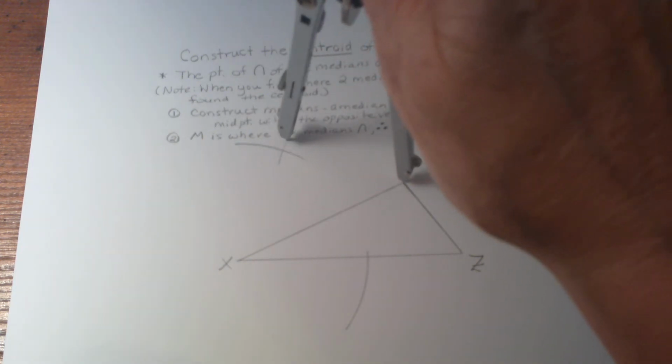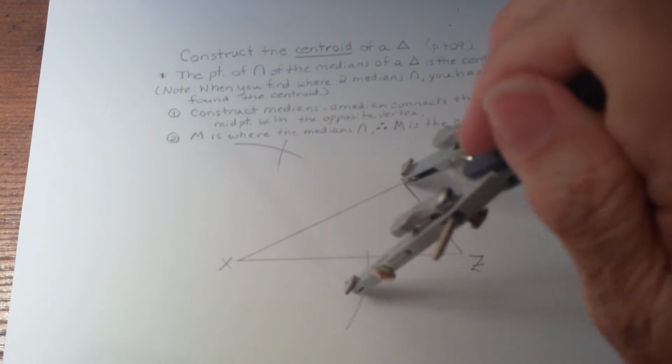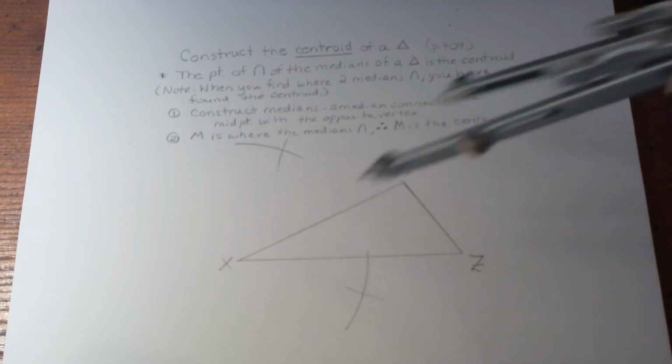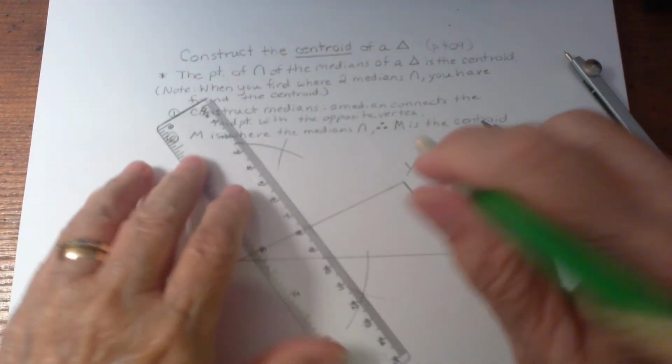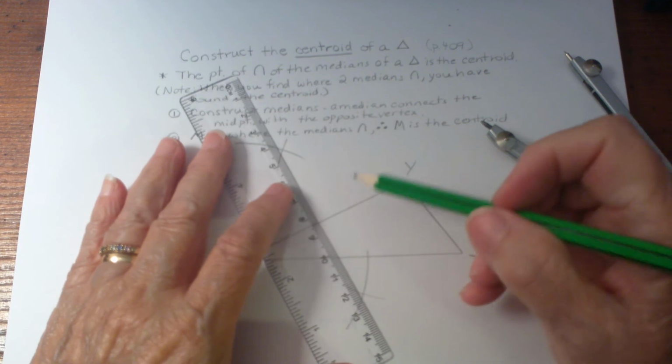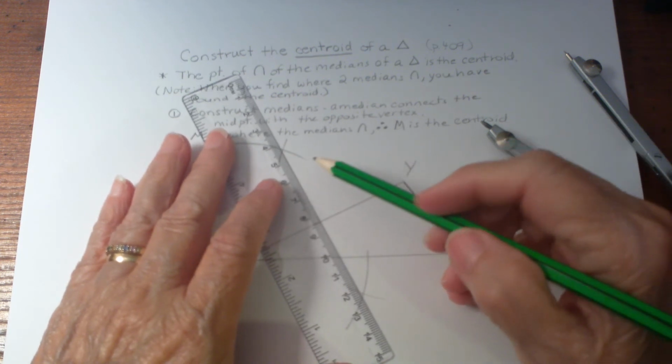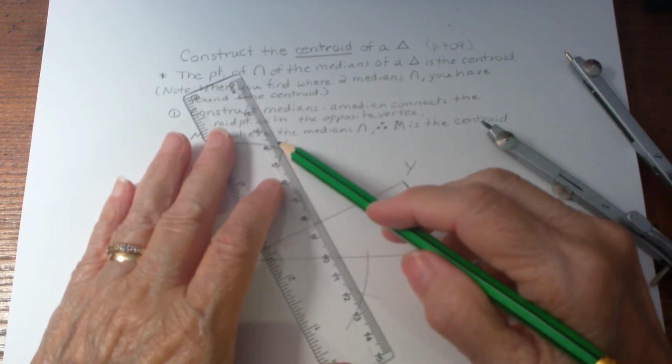And we've said this many times before. We know where two lines or two marks intersect, we get a point. And if we have two points, we can connect them and get a line. So I really don't have to draw the line, although I can.